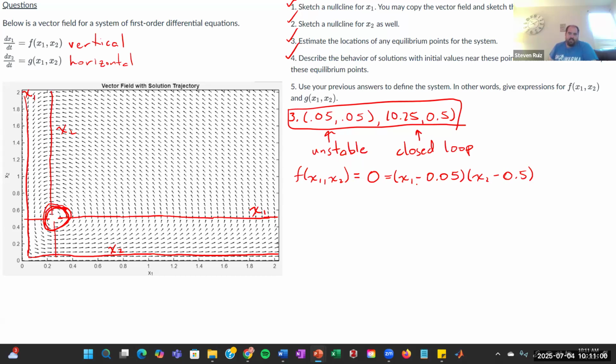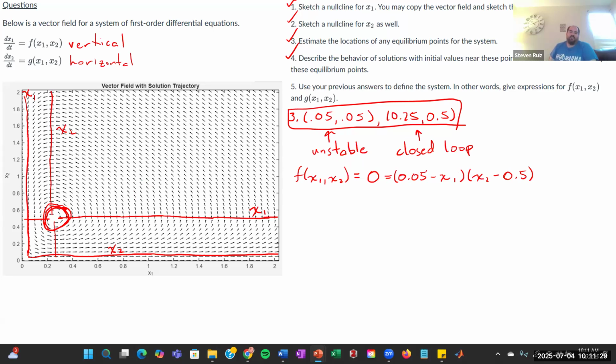One more thing I want to check here is, do I have the right signs here? So, for example, let's say x1 is a little bit bigger than 0.05. Then what does that mean about dx1/dt? It looks like it's moving slightly left. So that doesn't fit. So here's what I want to do. I want to change this to 0.05 minus x1, because now this is going to have the behavior I want.